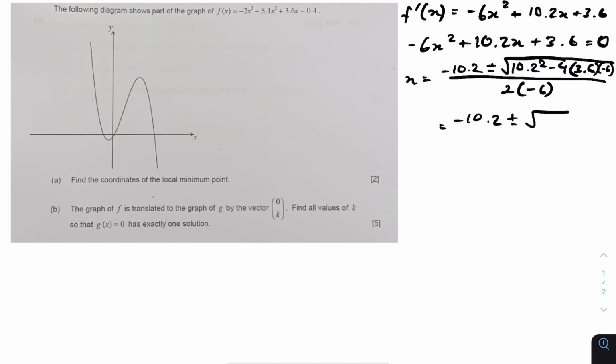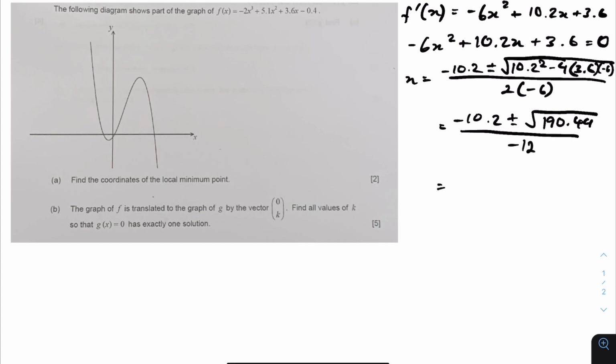plus minus square root of, now I'm going to simplify the thing in the bracket, minus 4 times 3.6 times negative 6. So that's 190.44 divided by negative 2 times negative 6, which is negative 12.